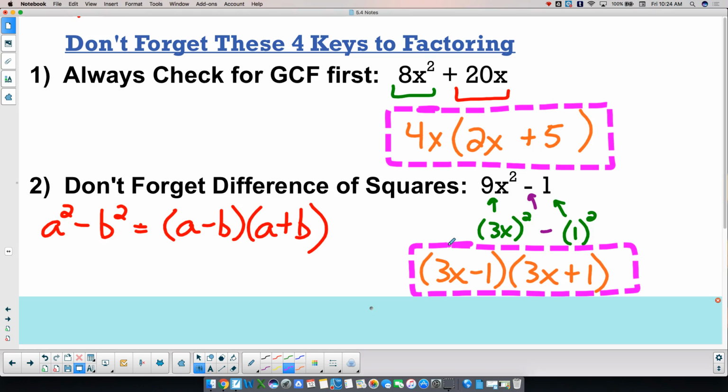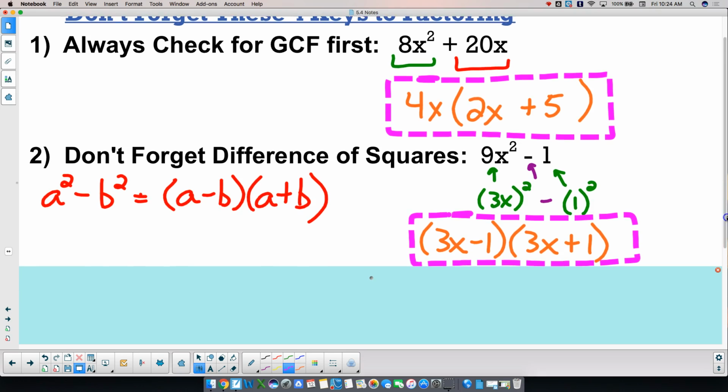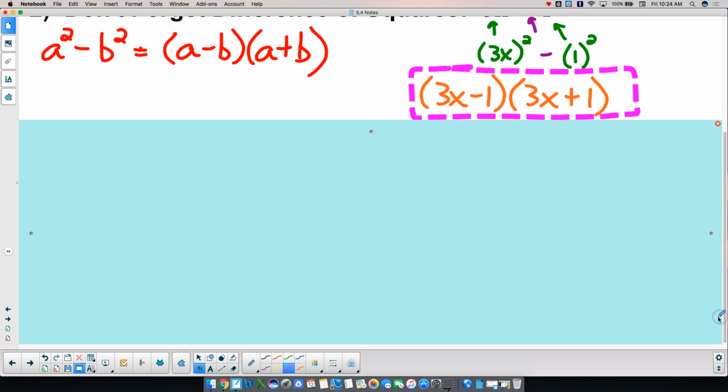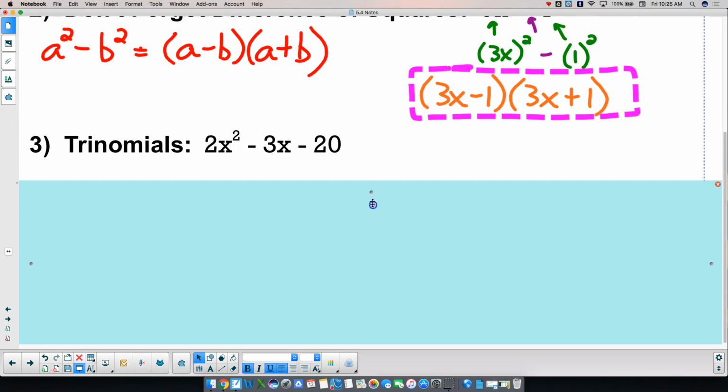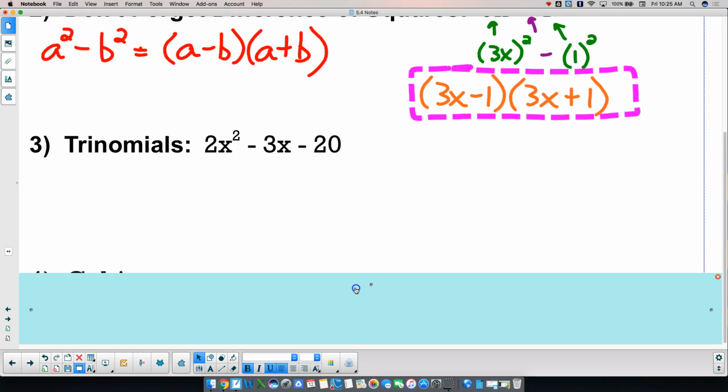What if I wrote it as 3x plus 1 and 3x minus 1? Is that okay? Because order doesn't matter in multiplication. Okay? So don't get hung up on it's always got to be minus then plus. Okay? So that's the second item on our list. Third item on our list is trinomials.